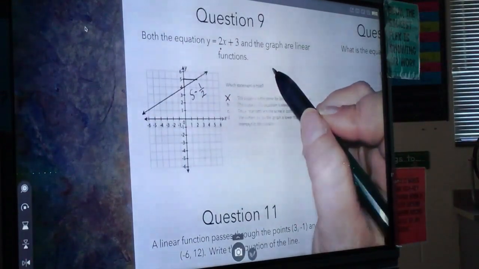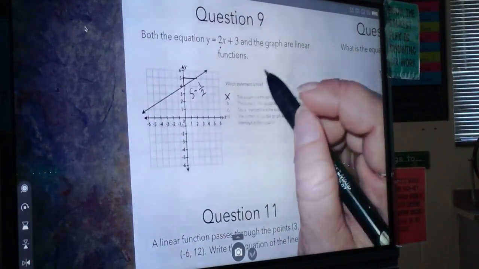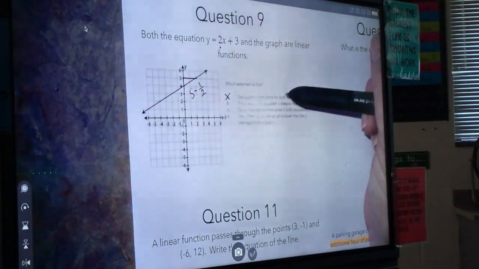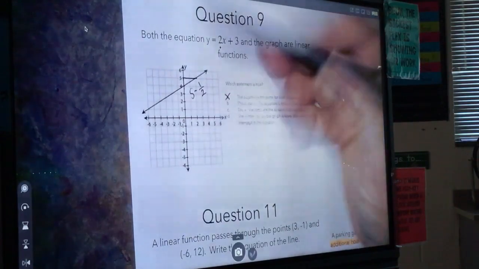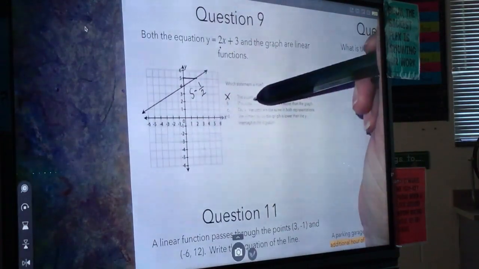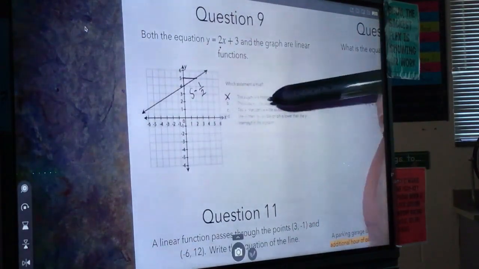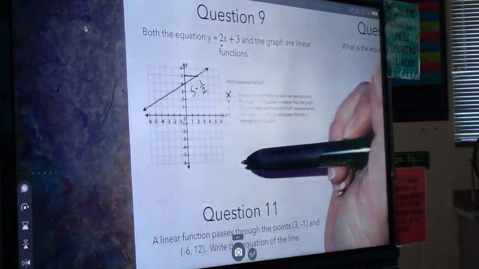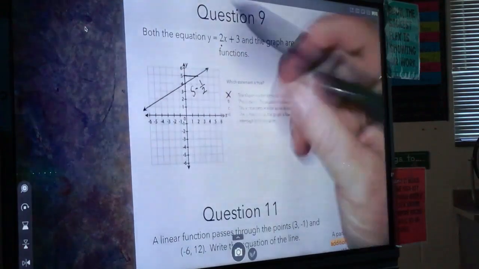I think your reasoning is backwards, because we're looking at the slope. So we're looking at 2 and half.